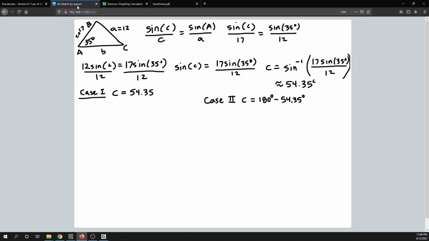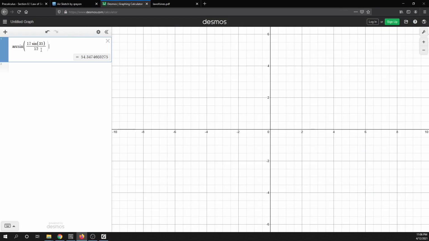Okay. And so that comes out to be 180 minus 54.35, so 125.65 degrees. Okay. All right. So those are the 2 possibilities that we have.